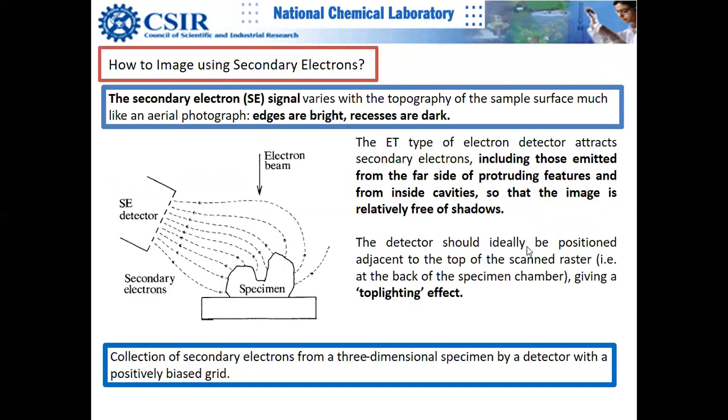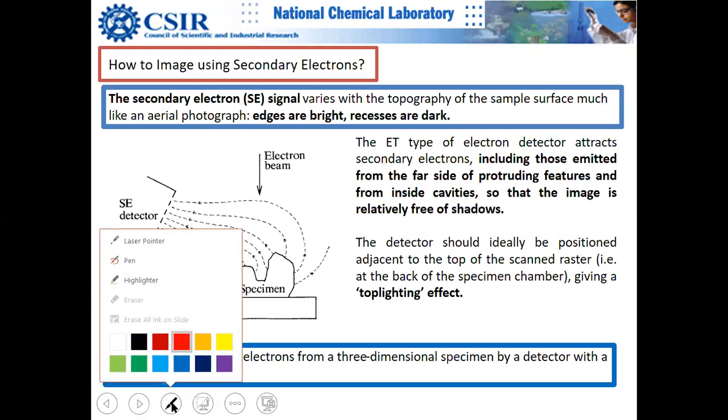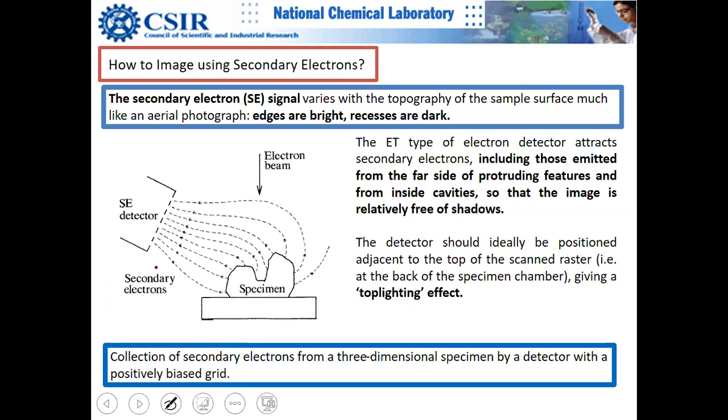and how to avoid that. So you can see in this image that you have an arbitrarily shaped sample, and your electron beam is scanning actually. This is not stationary. So this electron beam is raster scanning.